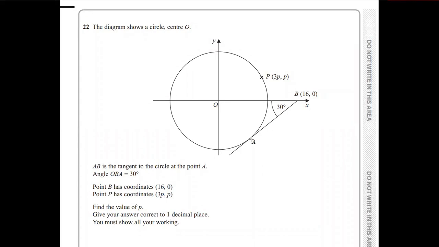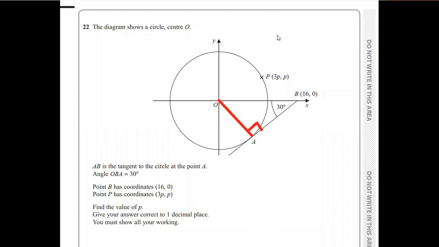Right, first of all, as we can see that AB is a tangent, so if I draw a line from there to there, then I get a triangle which is a right angle triangle.